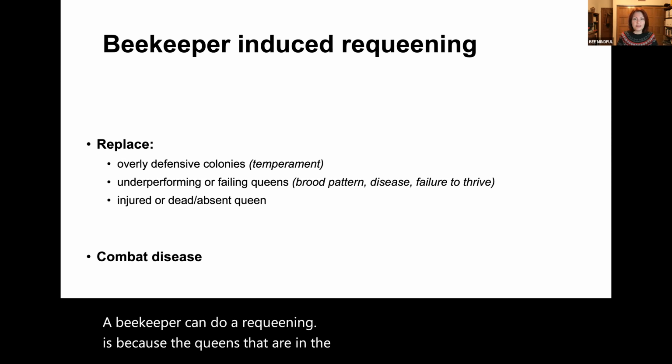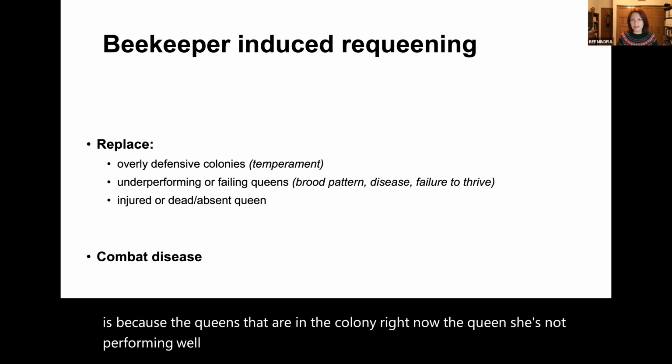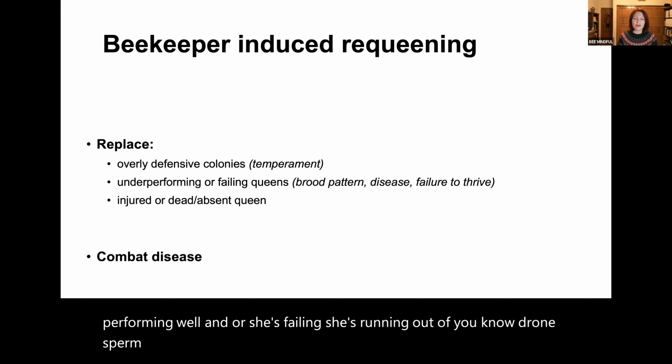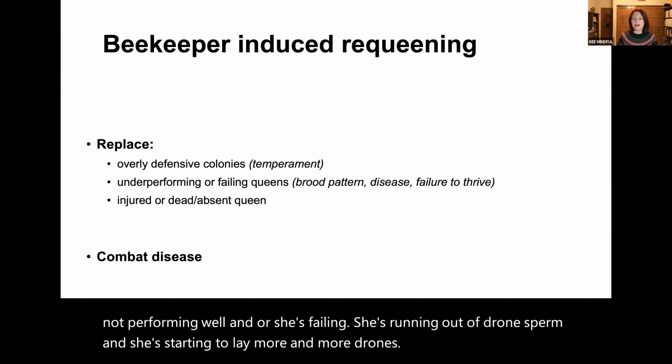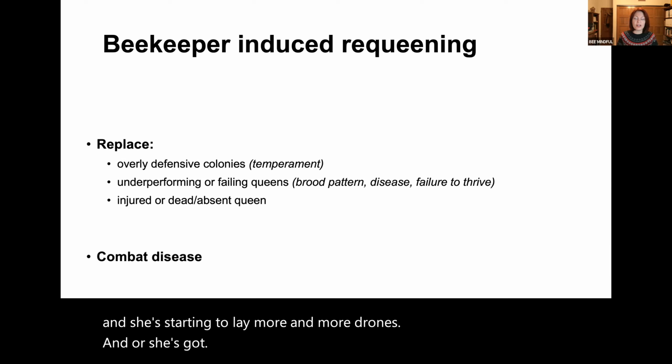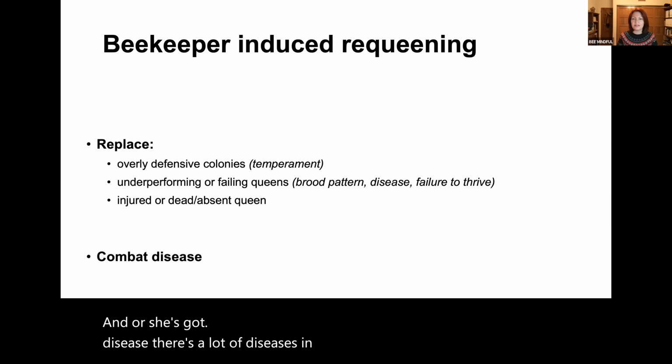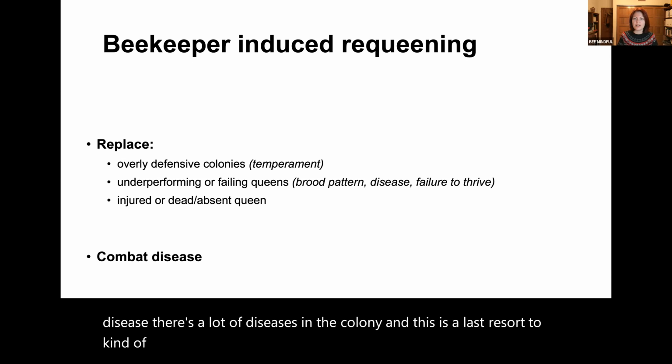The other reason a beekeeper can do a requeening is because the queen that is in the colony right now is not performing well, or she's failing. She's running out of drone sperm, and she's starting to lay more and more drones, or she's got disease. There's a lot of diseases in the colony, and this is the last resort to take care of the problems by changing the queen.